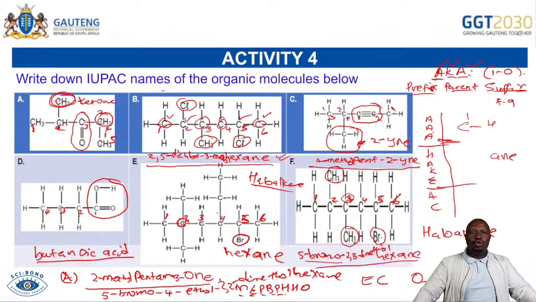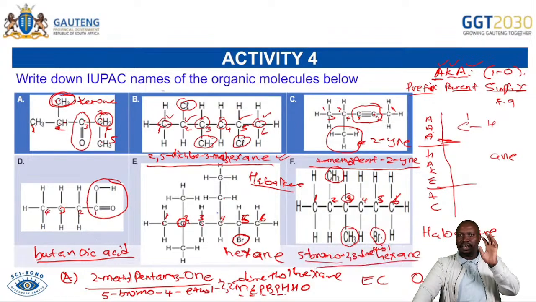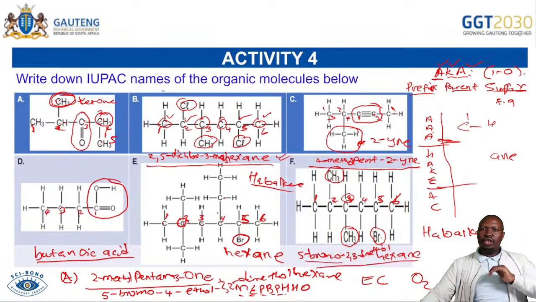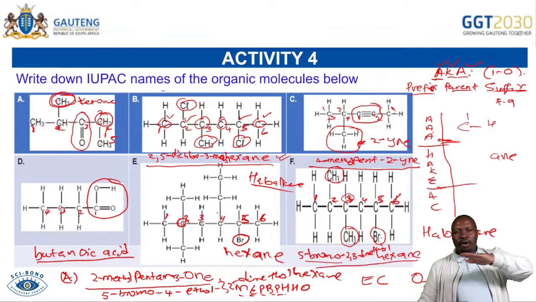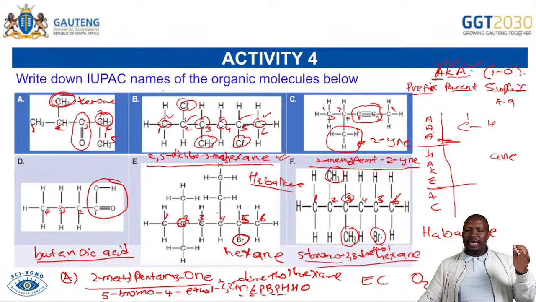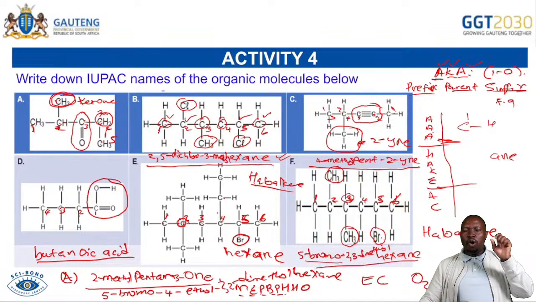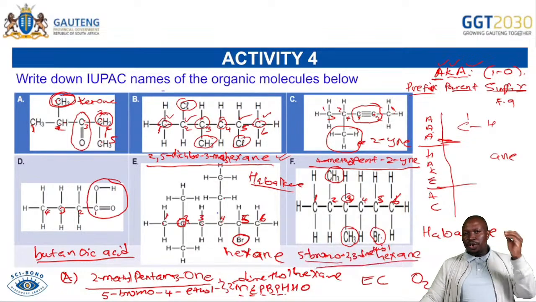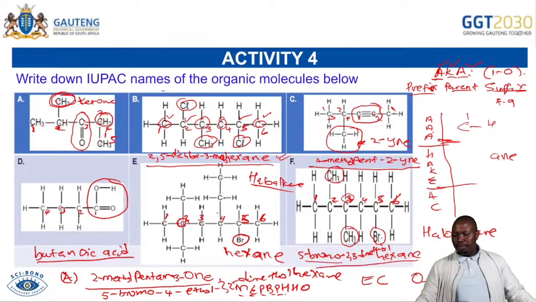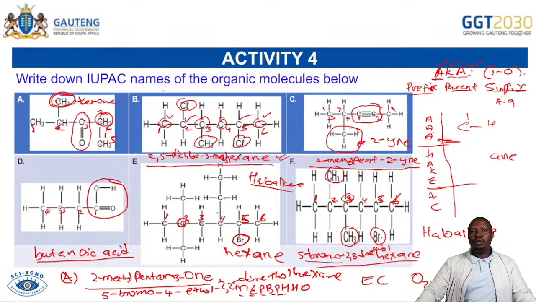You will continue to practice the 3 parts of the name that you must know: the suffix that is determined by the functional group, the parent or root that is determined by the longest carbon chain, and then the prefix that is your methyl, your ethyl, your bromo, your chloro. We said you treat them the same. There is no preference. Only if they are on the same carbons can you use alphabetical preference. But otherwise, that's how you will treat them.